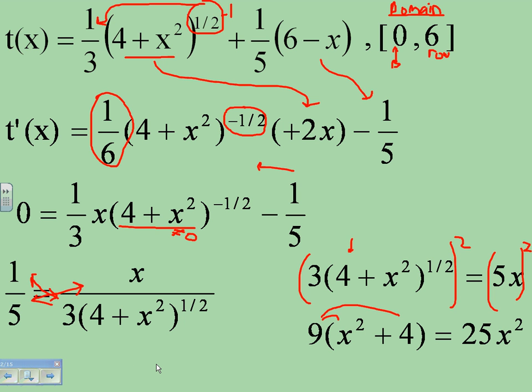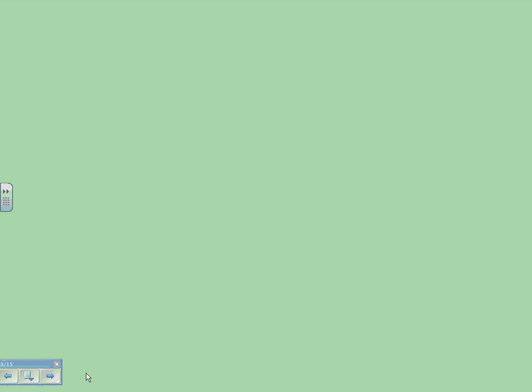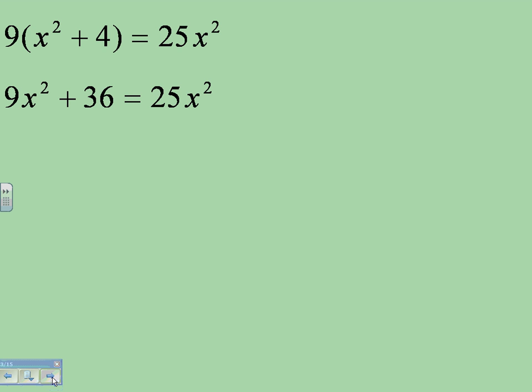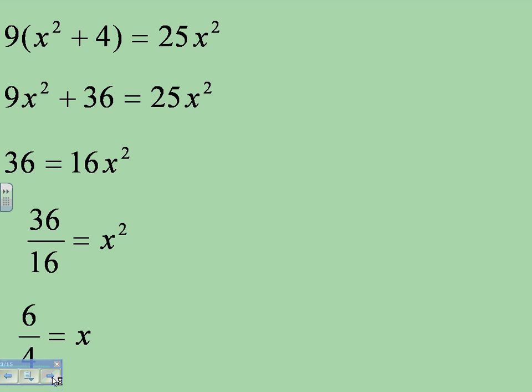I heard somebody say go back. All right. Here we are. We're going to pick this up and we're going to solve it. Like I said, distribute. I'd probably get that. I'd divide and take the square root. Okay. So x equals 6/4, or 3/2.